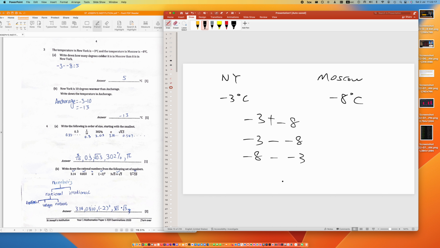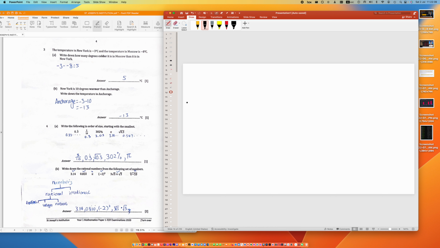Because they're asking for how many degrees colder it is in Moscow than in New York. So how do you avoid making mistakes like that? Maybe we have not talked about it before, but from today onward, to find the difference, you should draw the number line.